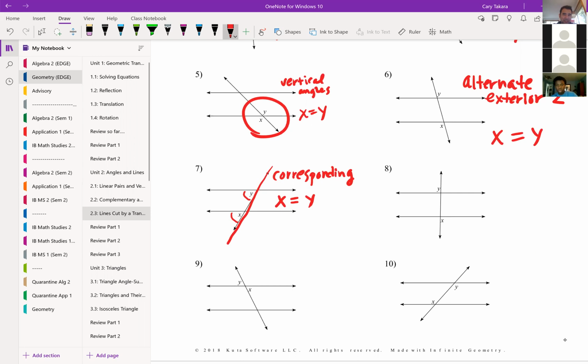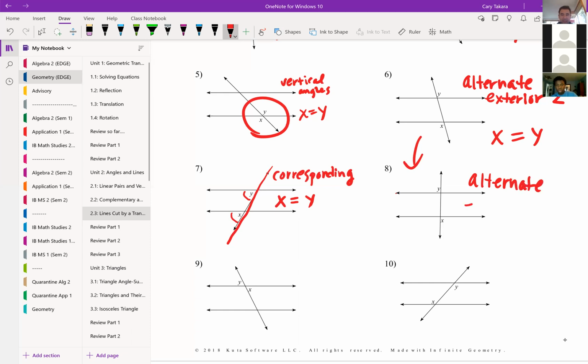One is outside, the other one is also outside. They are both outside. They are exterior. And one is on the left side and one is on the right side. So that's alternate. Isn't that kind of the same thing as number 6? Both of them are outside. One is on the left, one is on the right. So this is, again, alternate exterior.